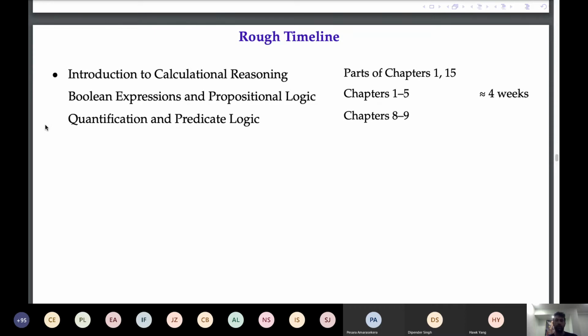Okay. Then we're going to get to quantification and predicate logic. All right. So we're going to get to statements like for all and there exists. But we're also going to do things like summation and product. So you may have seen in your first math class a capital sigma or sideways M and a capital pi, right? So we're going to get to those as well. And these are really just fancy for loops.